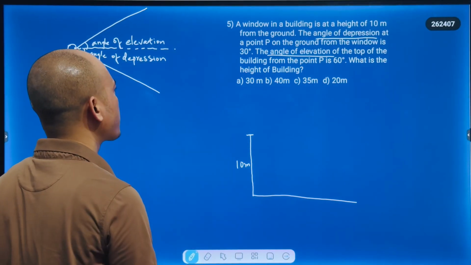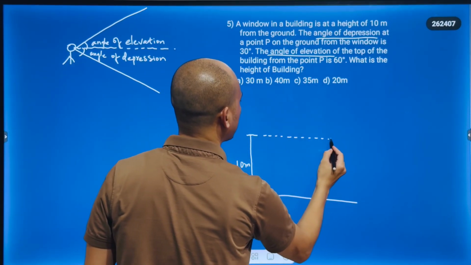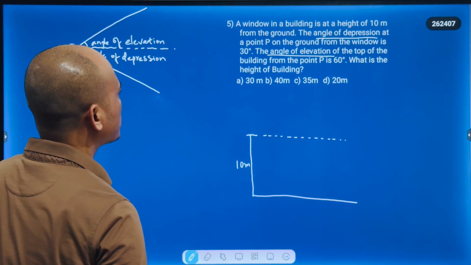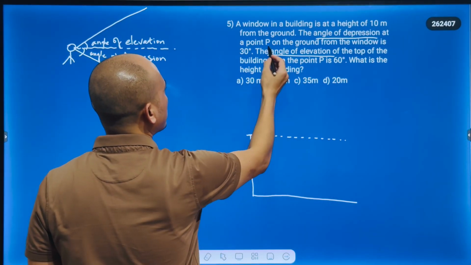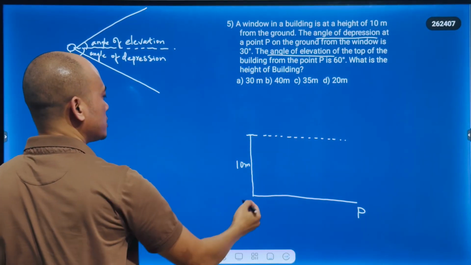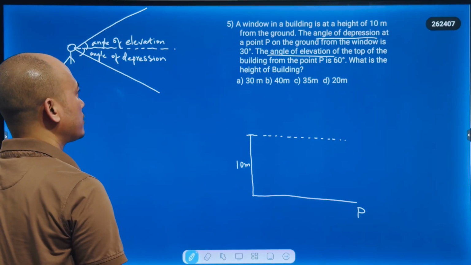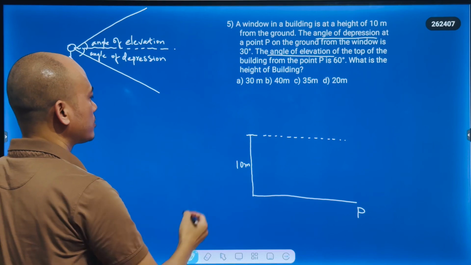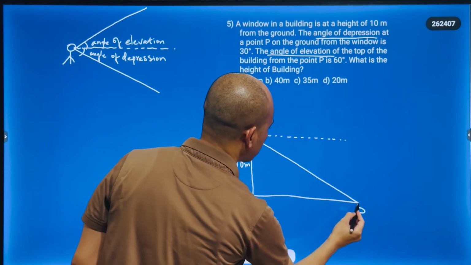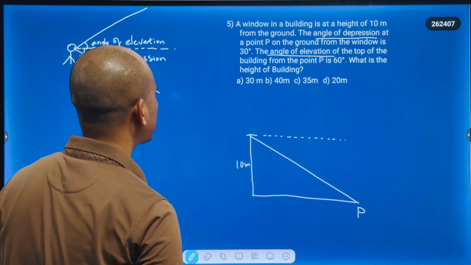From the window, we draw a straight line to make the angle of depression. It says the angle of depression at a point P on the ground from the window is 30 degrees. Suppose this is P. So from the window to P, the angle of depression is 30 degrees.